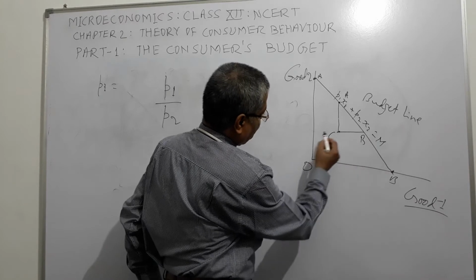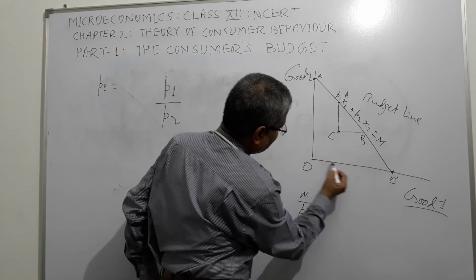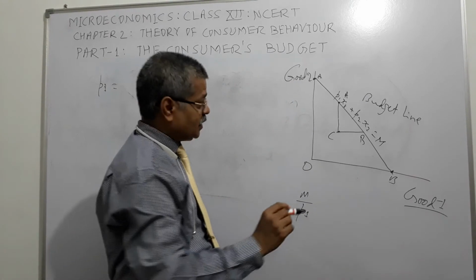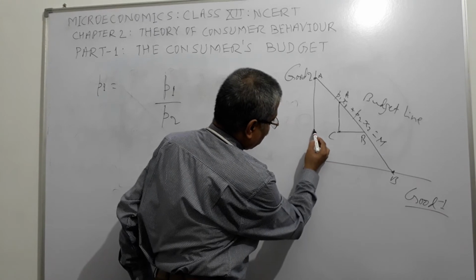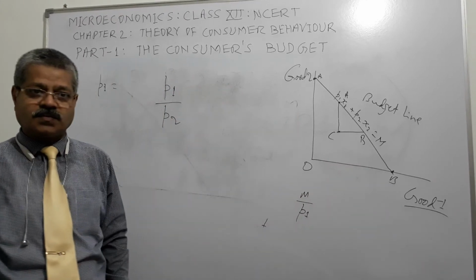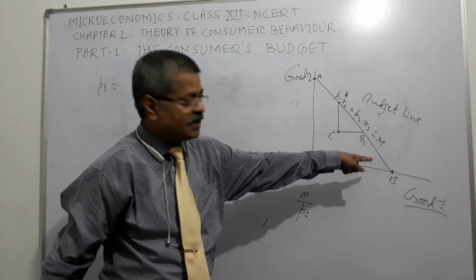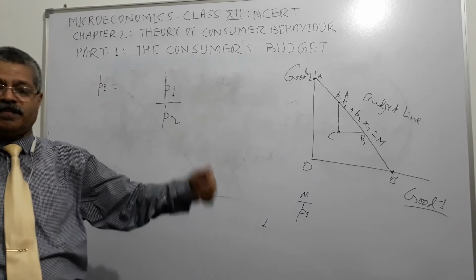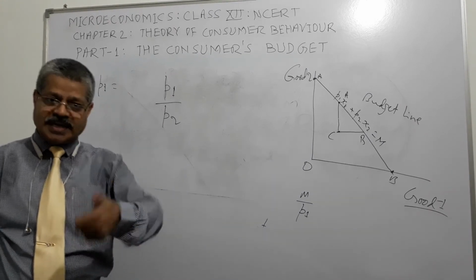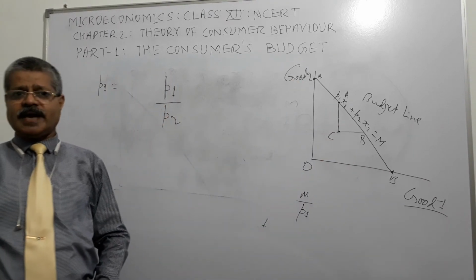When you go to B, we have this much of good 2 and this much of good 1. But when you go to C, we have only this much of good 2 and this much of good 1. So any point below the budget line has at least one good less than what we would have on the budget line.